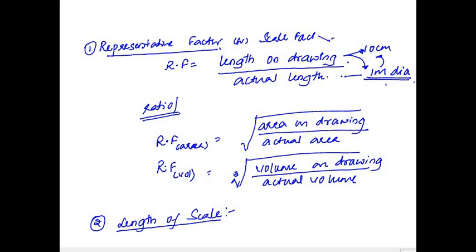There should be a limiting factor, or in other words, the maximum length that we want to construct on the drawing sheet is given by the length of the scale. It is the length with which you are drawing on the drawing sheet, the length that you are drawing on your drawing sheet.